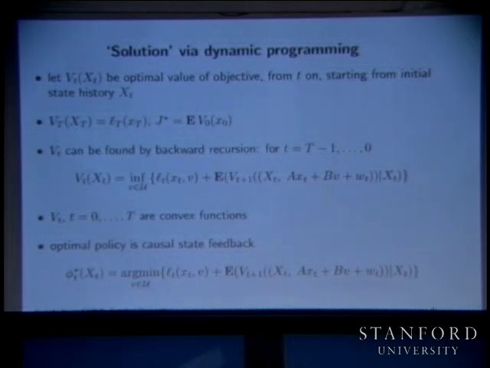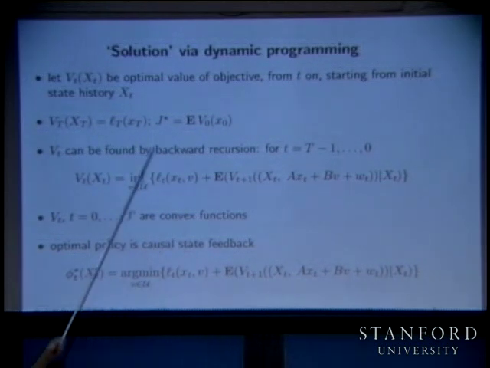Now, we can certainly say what this is at the end. At the end, it turns out that V_T, of course, there's no more action to take, so there's nothing to do except pay the final bill. So you simply pay the final bill here, and that's deterministic.